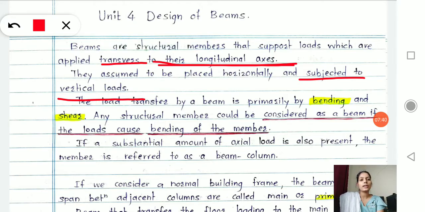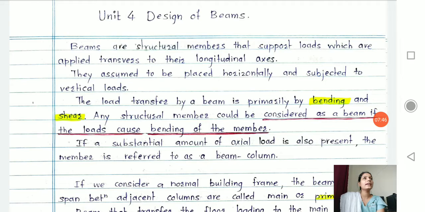Now the load transfer by a beam is primarily by bending. See, when we say the column is under compression, what does it mean? The load transfer is by a compression action. When I say the member is in tension, then the load transfer takes place by the action of tensioning, right?